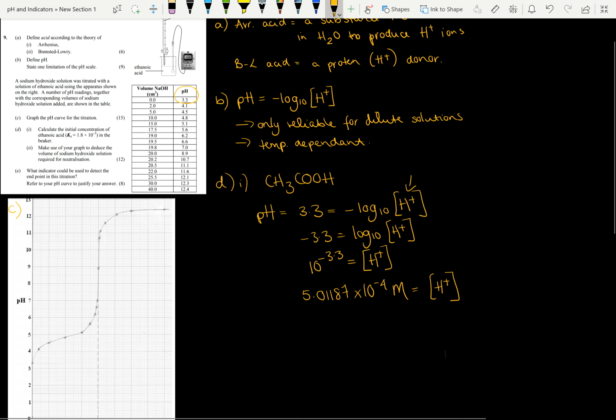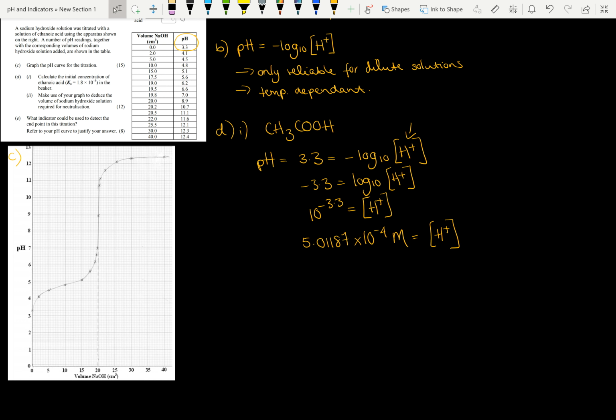Now, how do I use that to calculate the initial concentration of this whole molecule? Well, we know this is a weak acid. So we have this other formula here for the concentration of the hydrogen ions. So that is equal to the square root of the Ka, which we are told, multiplied by the Ma. So we're going to calculate the Ma using this equation, and the moles per litre of the hydrogen ion concentration that we just calculated.